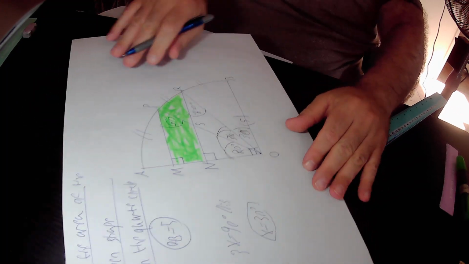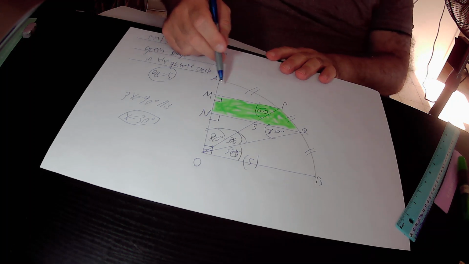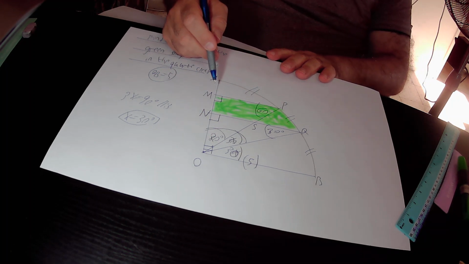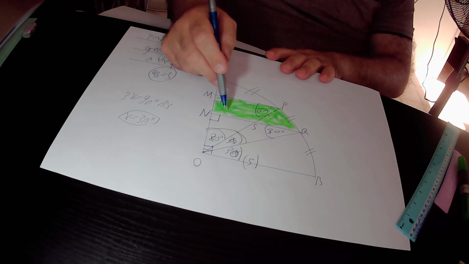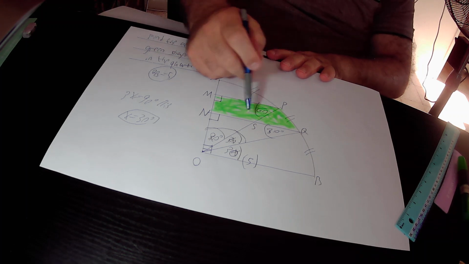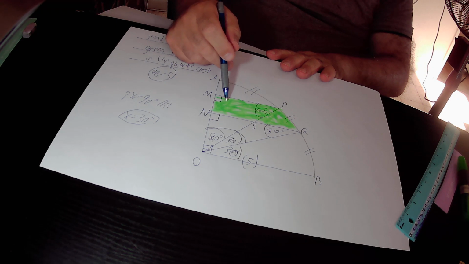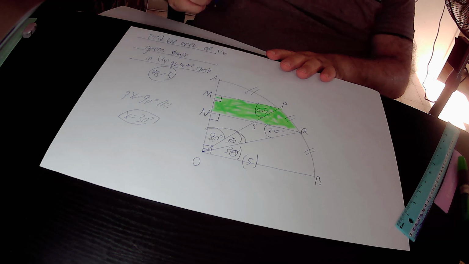But again, the area of the right triangle MPO consists of quadrilateral MPSN and also the right triangle NSO. So we can substitute the area of the right triangle MPO by the area of quadrilateral MPSN and the area of this right triangle NSO.